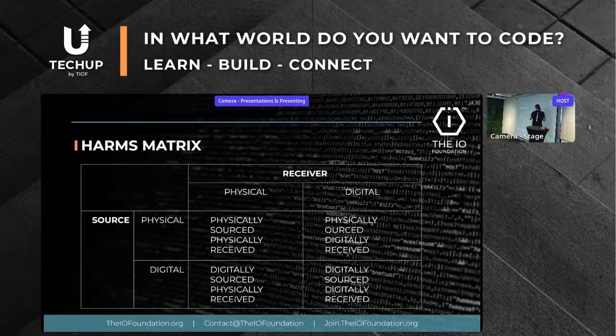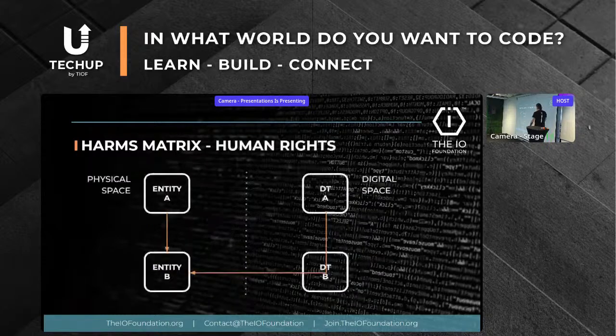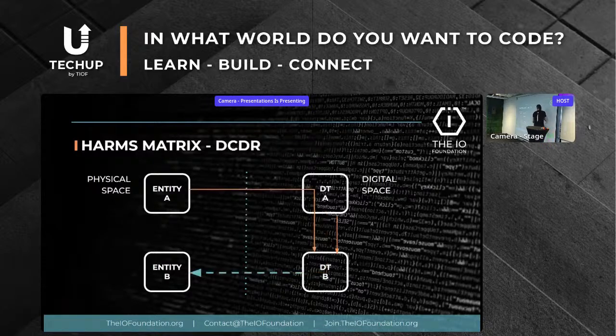And so depending on where the source originated and where the receiver was, between the physical space and the digital space, you ended up having a number of scenarios. In the case of human rights, we figured that for as long as the receiver ends up being in the physical world, whether the source is in the physical or in the digital, you can consider it a human rights issue. But once you are attacking or modifying or enacting any type of harm upon the digital twin of the entity B, then we will consider that as data-centric digital rights.